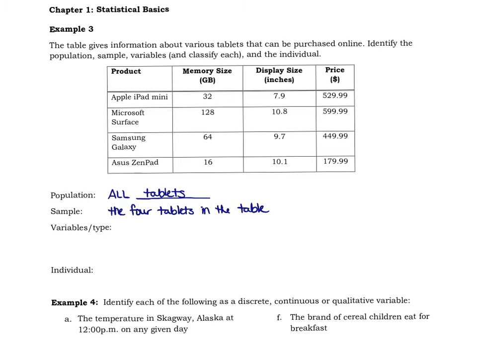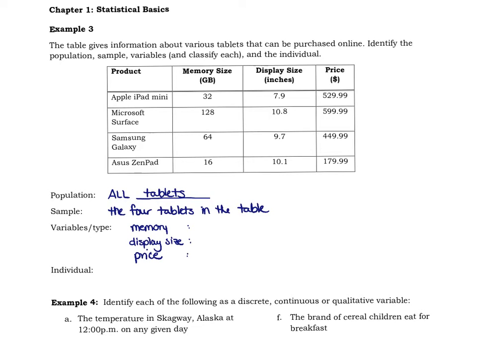All right, the variables and the type of variable. Now remember, I said you could always think of variables as sort of like the data is like the spreadsheet. What are you trying to find out? Okay, so for variables, those actually are the different columns. So we would have the memory size or capacity, the display size, and the price or the cost.